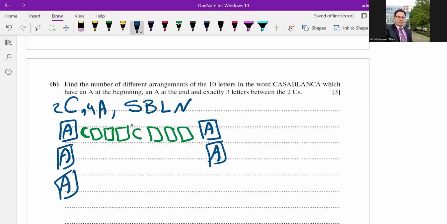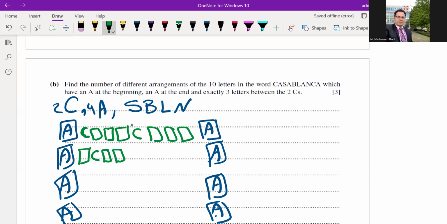Let's count how many cases we'll find. If we shift, keeping an A here, then shift the C, still with 1, 2, 3 in between, then C, then 2 left. If we write here 2 letters, then 1 C, 1, 2, 3, then C, then 1 letter.